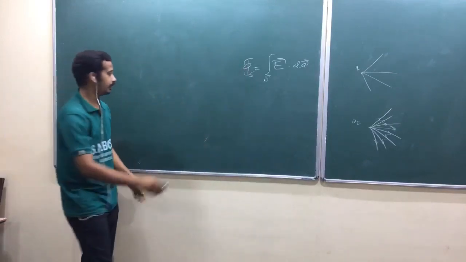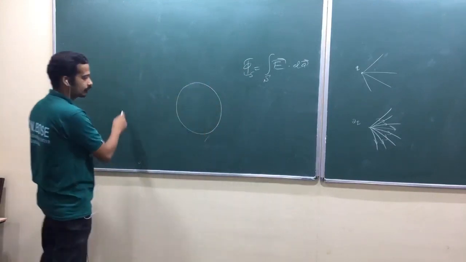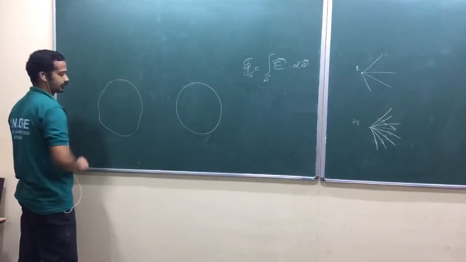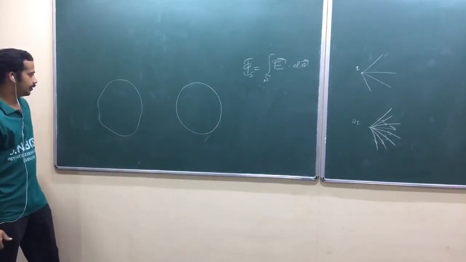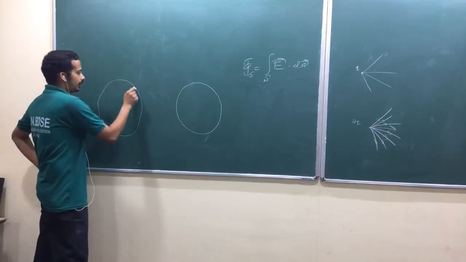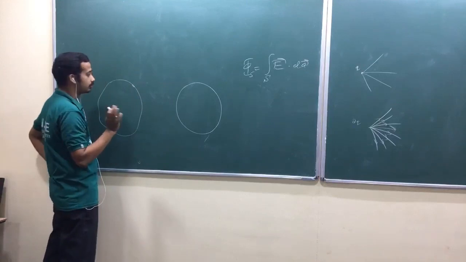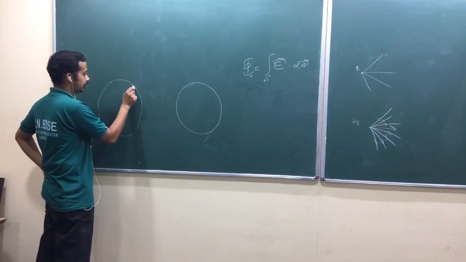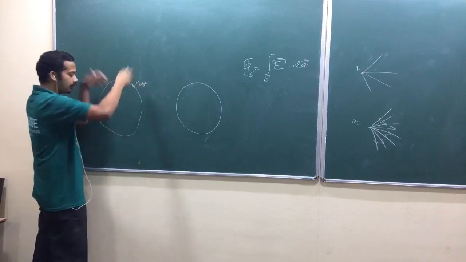But if I have a closed surface, I don't have to take a sphere, isn't it? So it is very conventional again. We don't have logic over it. The convention is to choose your area vector, dA vector, outward from the volume.